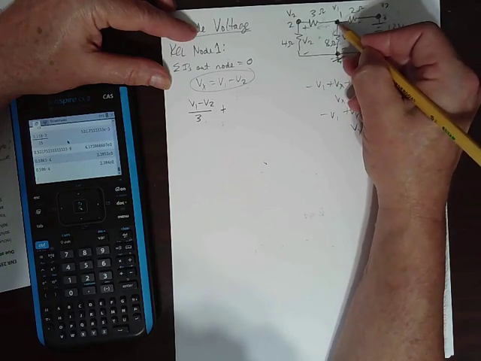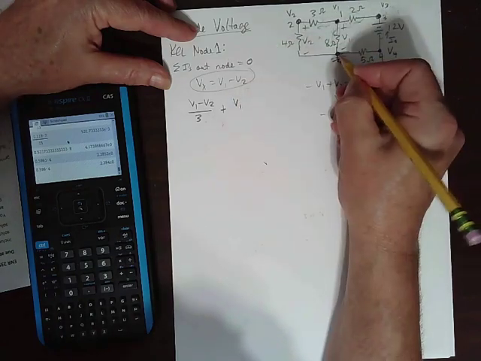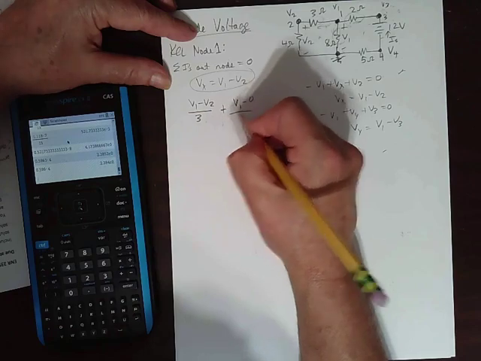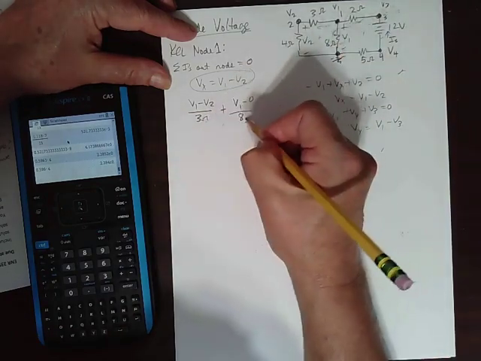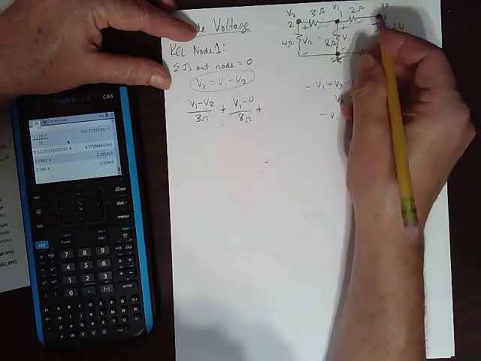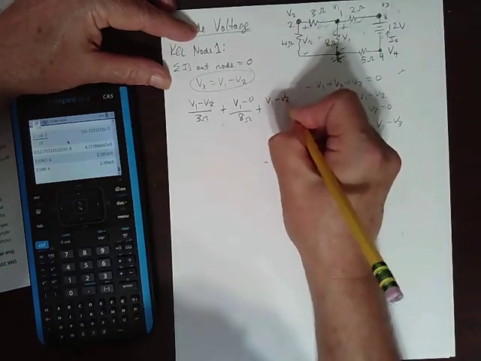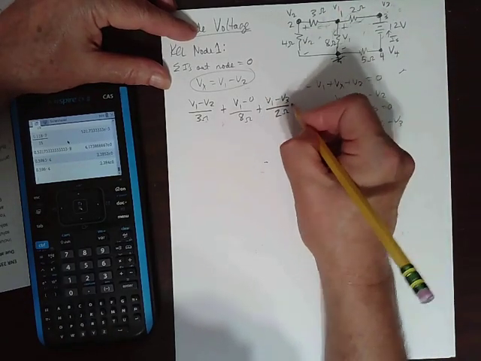Well, the node that we're at is V1, so it's V1 minus the voltage at this node, which is the ground node, so V1 minus 0, so it's just V1 over the resistance, 8 ohms. Now finally the current going this way, V1 minus V3, to get the voltage plus here minus there, divided by the resistance of the branch, 2 ohms, equals 0.